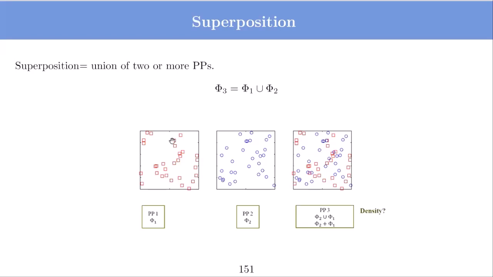If you use the set notation, then you can just say it is phi1 union phi2. You're adding all the points from phi1 and taking the union with the new points of phi2. And if you take the measure notation, then this will be phi1 plus phi2. It means for any set A, the number of points in that set is equal to the number of points from this one plus the number of points from this one.